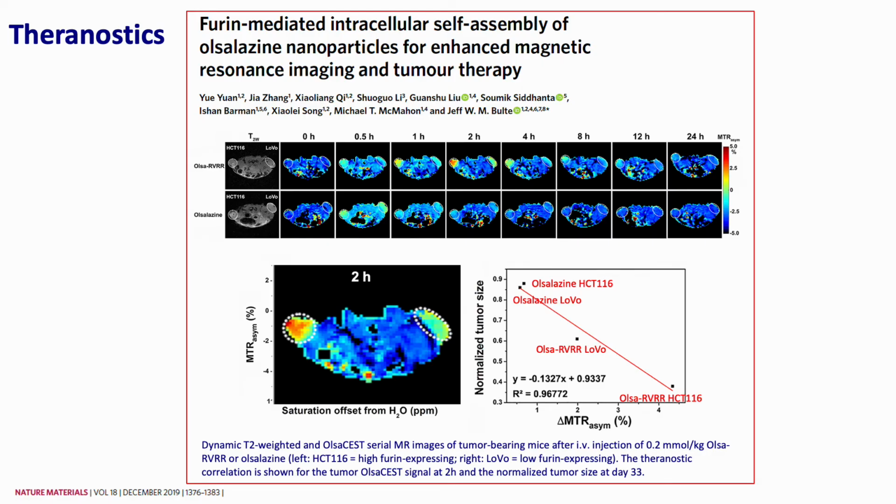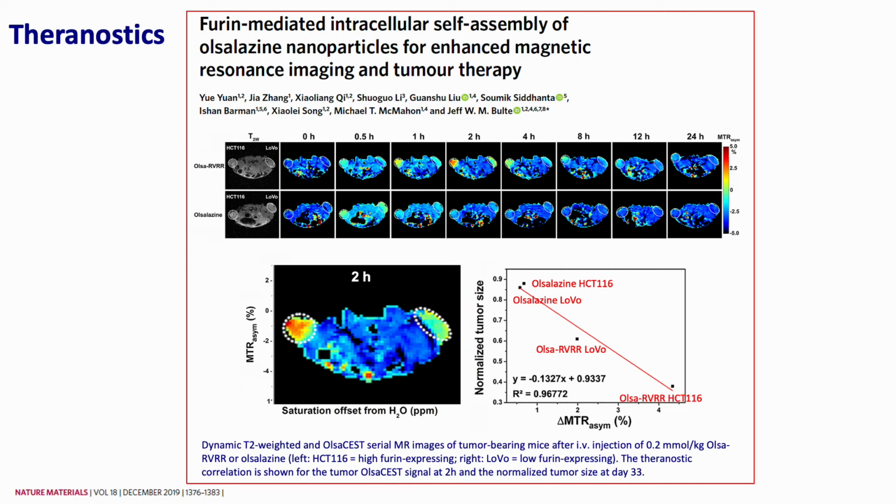Now the third example I picked is a furin enzyme dependent CEST contrast. And the way this works is that this enzyme called furin is associated with malignant progression, and it is present in increasingly aggressive cancer cells.